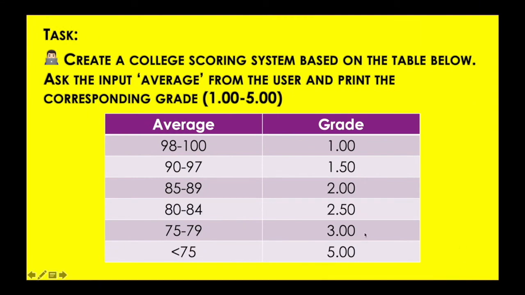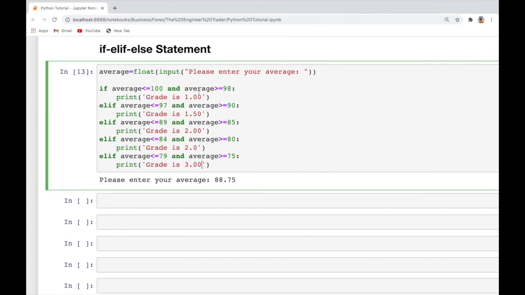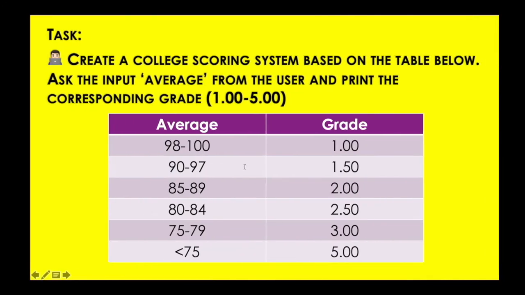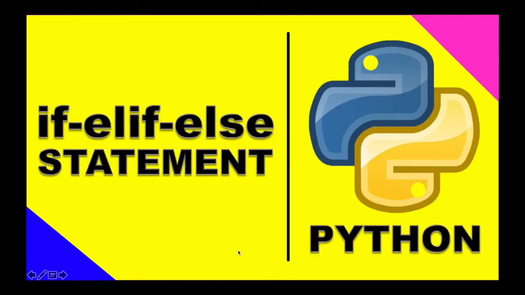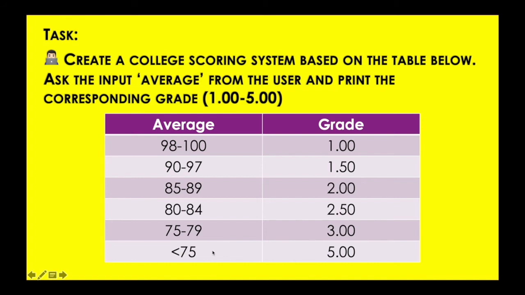Oh, sorry, the previous one is 2.5. Okay, and 3. Then, as you can see, my friends, all those lower than 75 will be considered as 5.